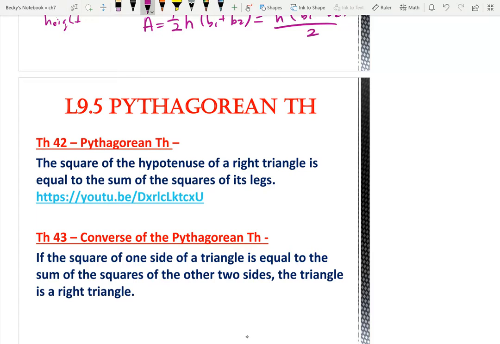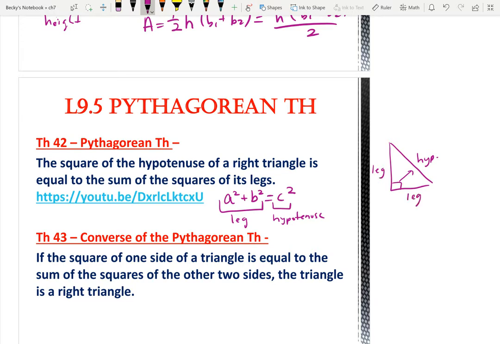So we probably know it better as a squared plus b squared equals c squared. A and b represent the legs, and c represents the hypotenuse. And just to make sure we're all on the same page, you have the right angle straight across. This is your hypotenuse. And then the two legs are the two sides that form the right angle.